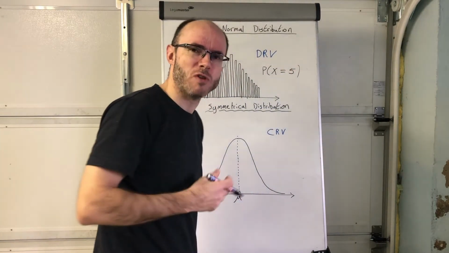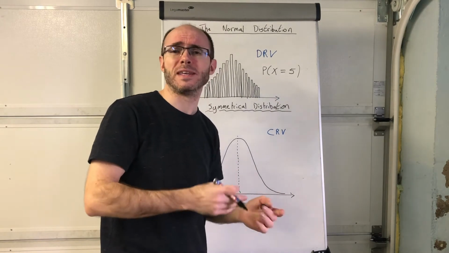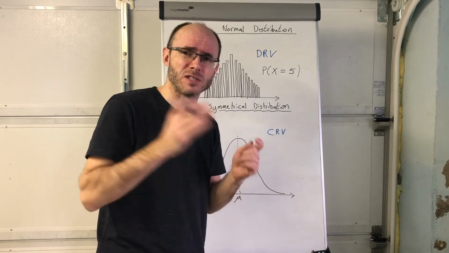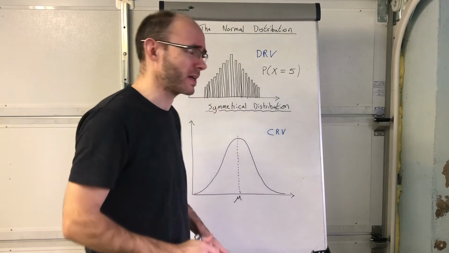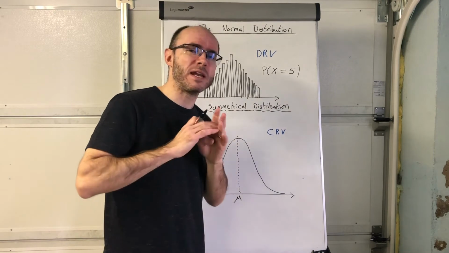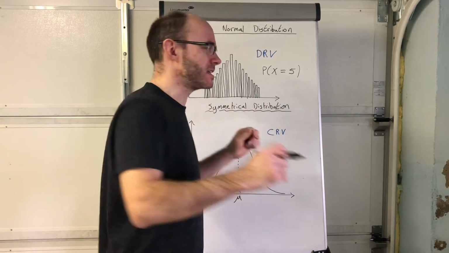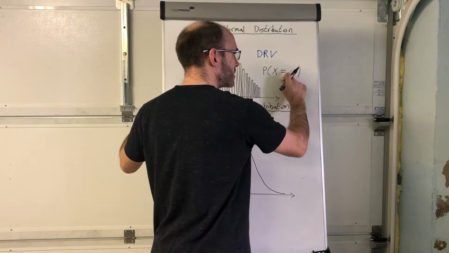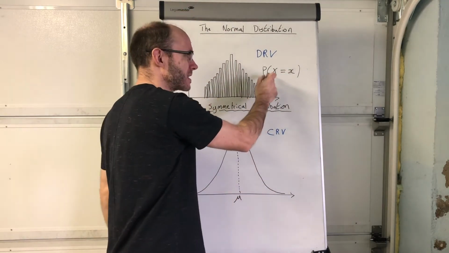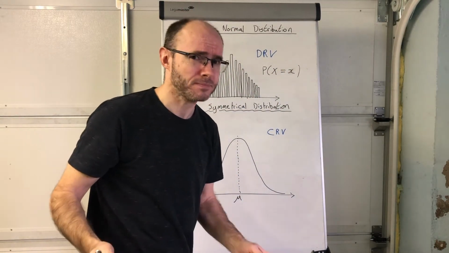In an example of rolling dice, we could work out the probability of getting 5 on a particular roll of the dice: you get 2 and 3, 3 and 2, and so on. Or we can work out the probability that x is equal to 10, or depending on the distribution, x is a particular number. But in any case, with discrete random variables, we're looking at the probability that x takes a particular value.